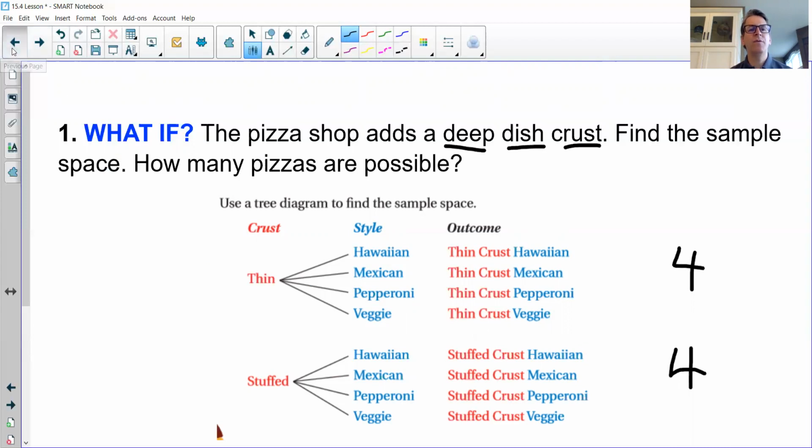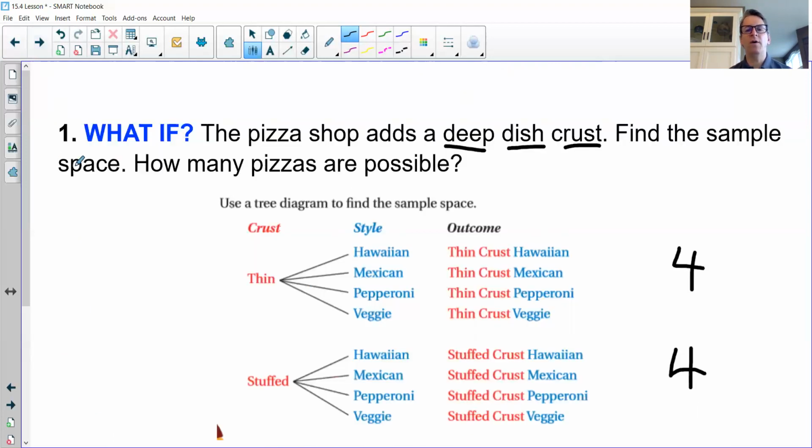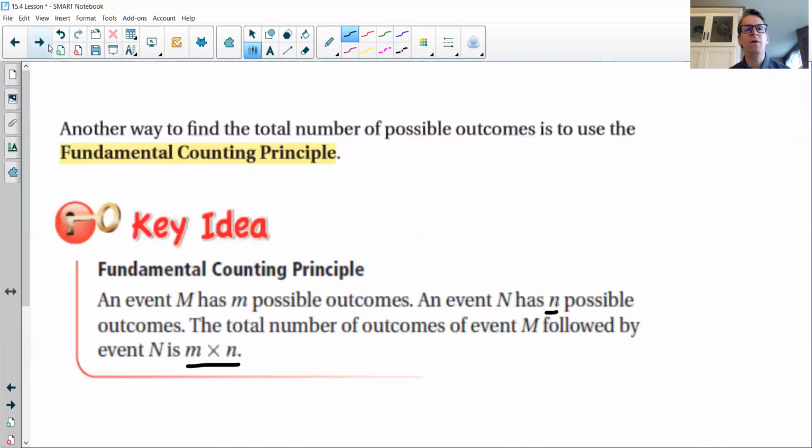So we had 3 crusts, 3 times 4 pizza styles, and that gave us an answer of 12. 3 times 4 is 12. Okay, so we can use this fundamental counting principle to help us come up with the number of outcomes when you have event M followed by event N.